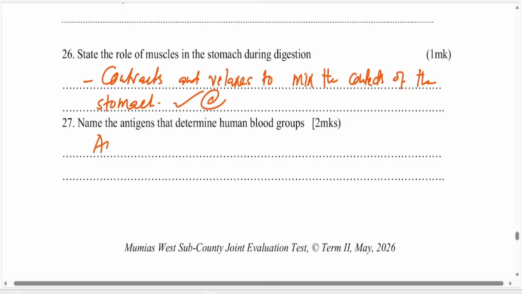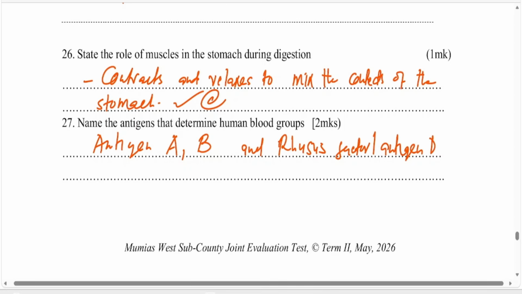We have the obvious ones, antigen A and antigen B. We do not have antigen O. O is a blood group; members with blood group O do not have antigens, and therefore the only antigens we have are A and B. And we also have the rhesus antigen or the rhesus factor, also known as antigen D. So this gives you 2 marks.